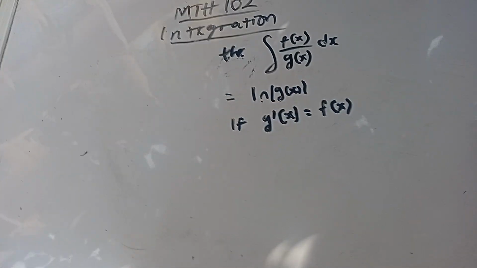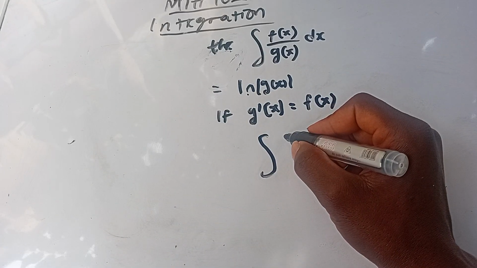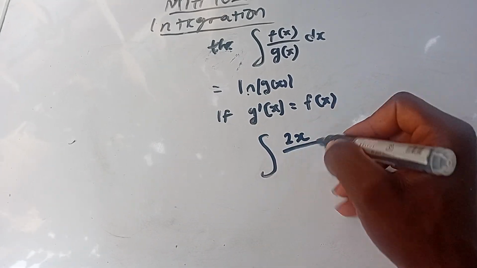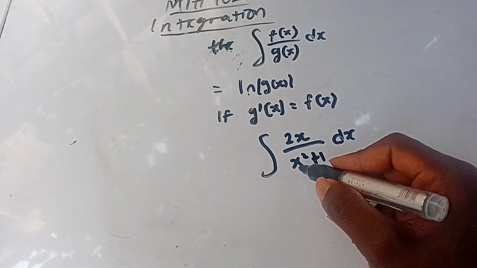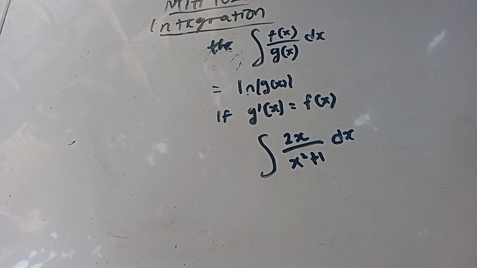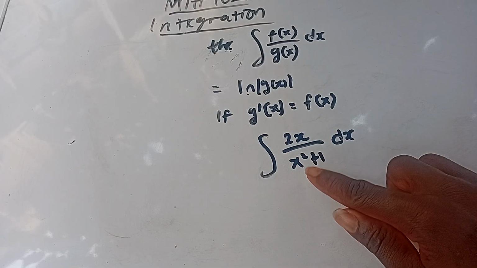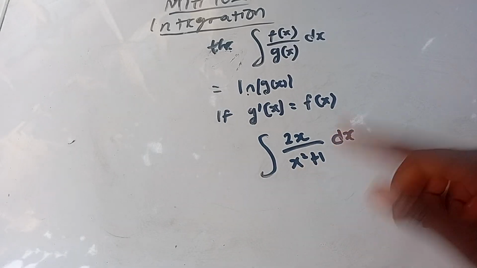Now let's apply it. For instance, if I have the integral of, let's say, 2x over x squared plus 1 dx. Here you can also use substitution. Like u substitution, we apply it in something like this, but you just make it fast because it's a standard rule in integration. If you differentiate x squared, you get 2x. If you differentiate 1, you get 0.